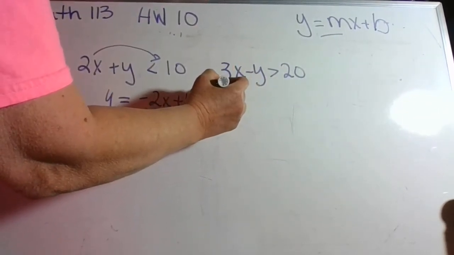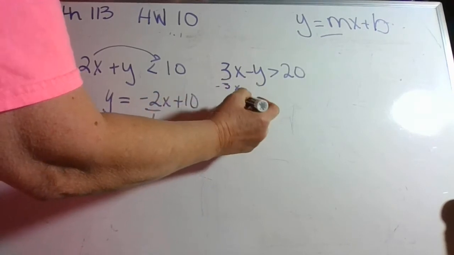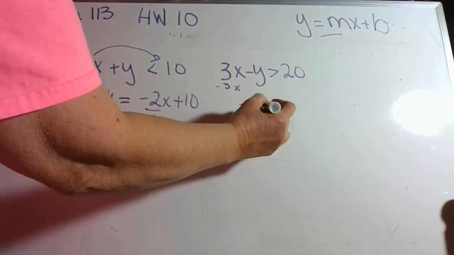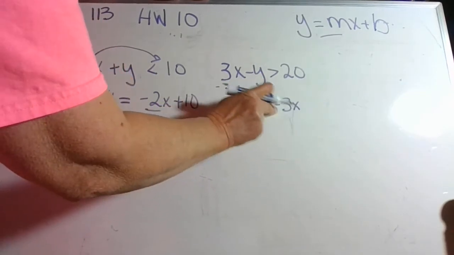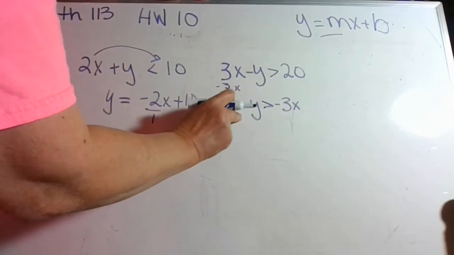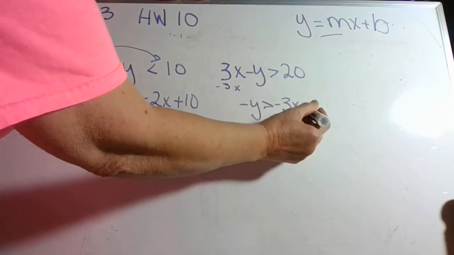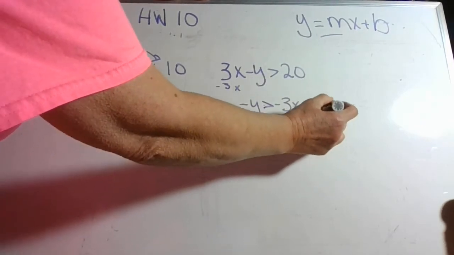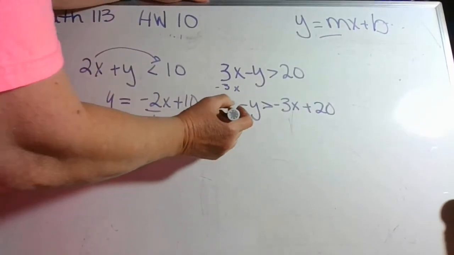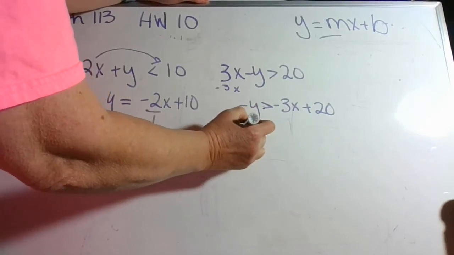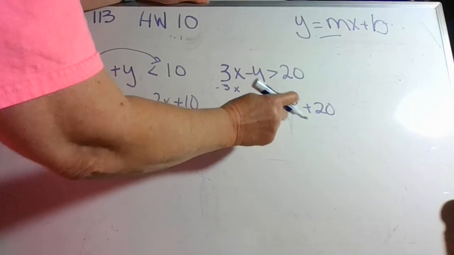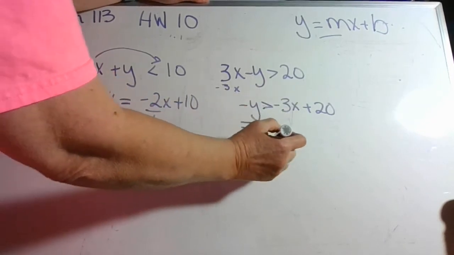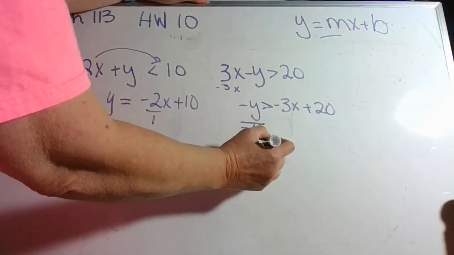Let's go over here and solve. Okay, I'm going to move my 3x over. So I'm going to have negative y is equal to negative 3x. Actually, let me put this in here. Negative y is greater than negative 3x plus 20. Okay, I have to divide by negative 1. And remember, when you divide an inequality by a negative number, you have to switch the sign.